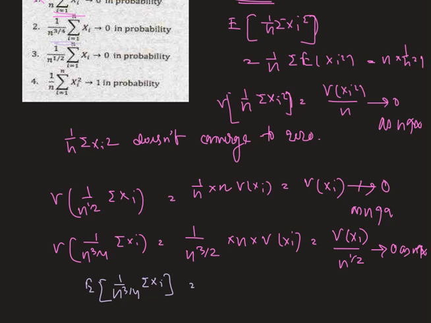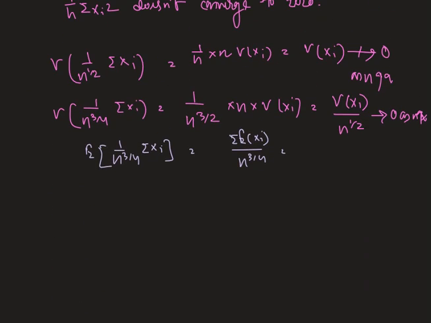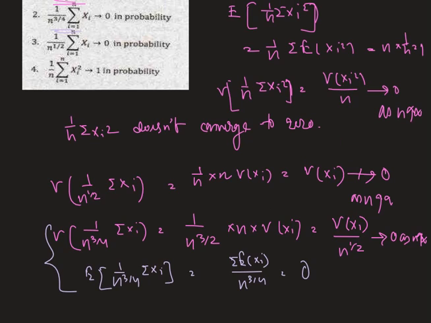So here we get sum over expectation of Xi divided by n to the power 3 by 4. Now expectation of Xi is 0, so this results in 0. Hence from these two things, that is, the expectation is 0 and the variance of this given statistic tends to 0, we can say that option 2 is correct.